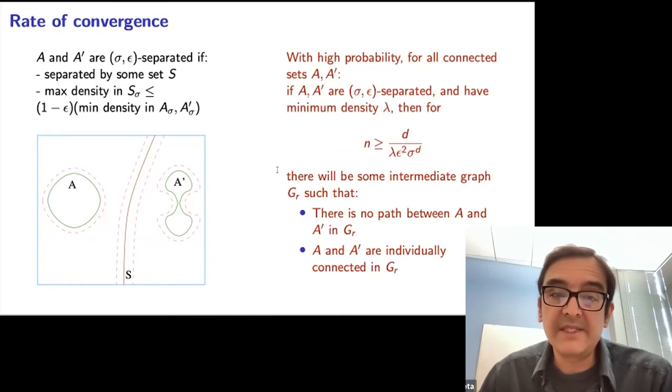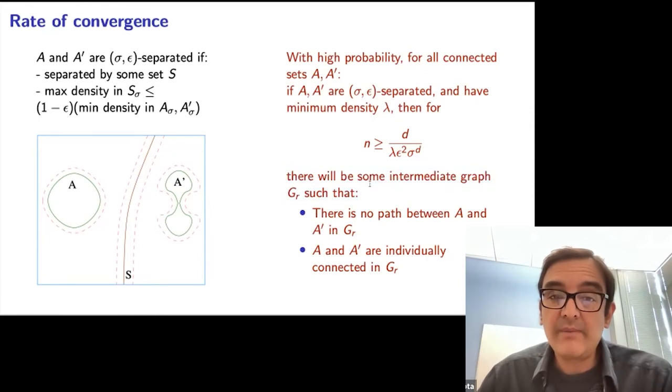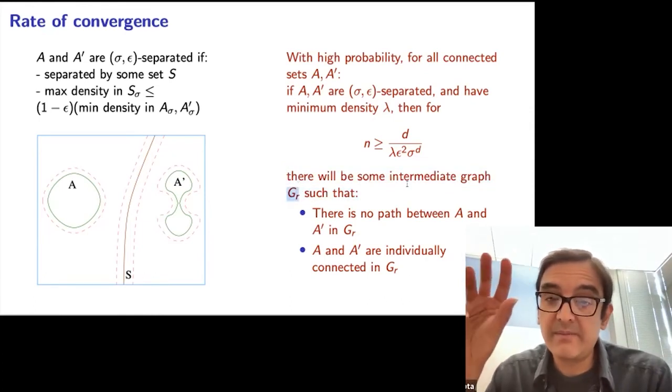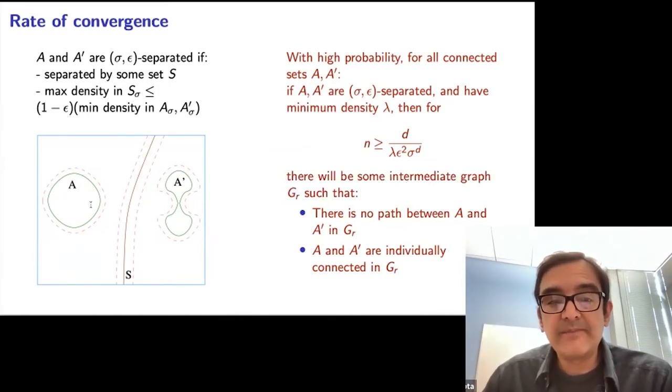And one way to say it is the following: when you're turning that knob, there will be some intermediate graph G sub R, when the knob hits the number R, at which A is a connected region.